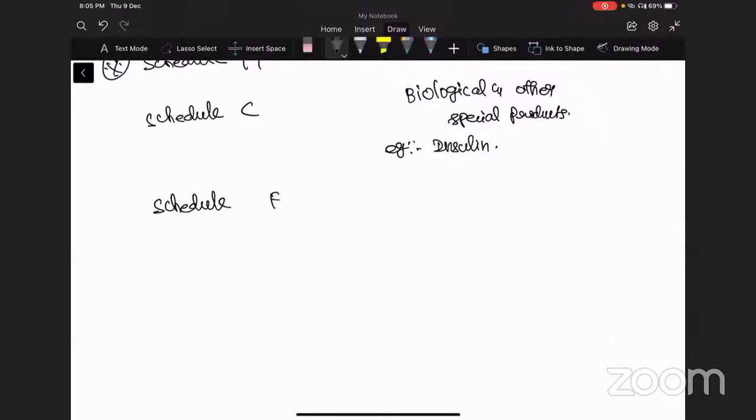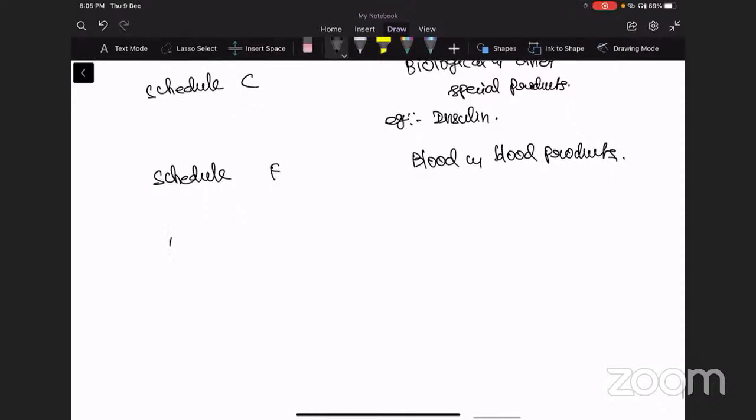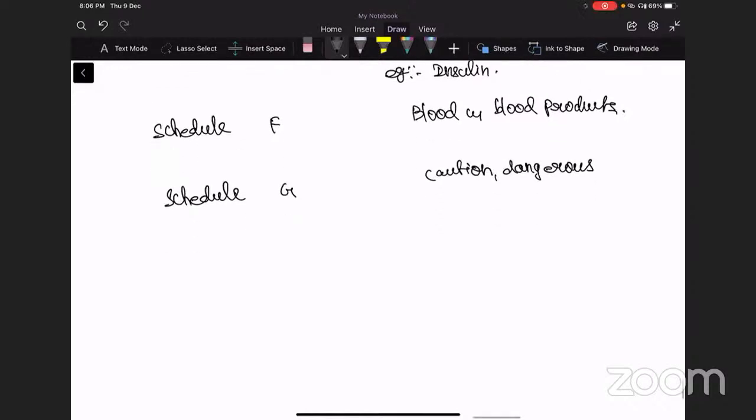Schedule F is for blood and blood products. You just have to mug up these schedules. Schedule G is with the label of caution and dangerous, to use only under medical supervision.